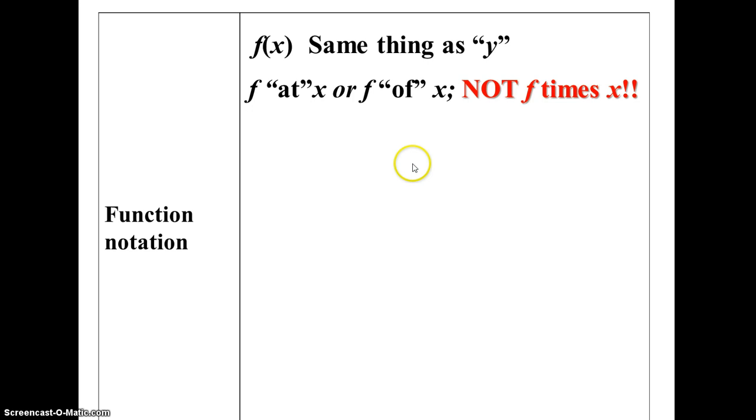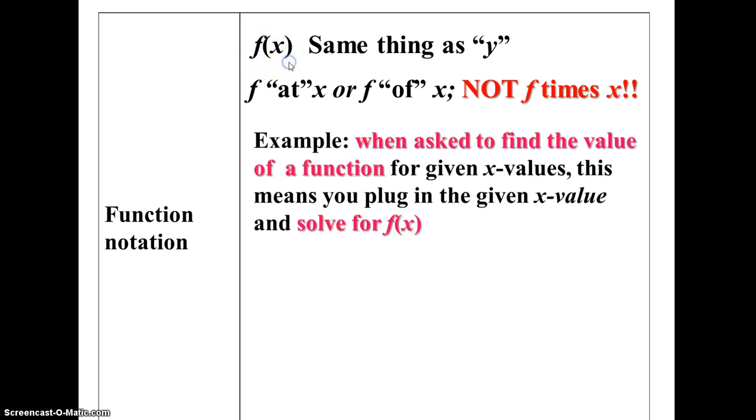But if there is a variable, it should have that variable, whatever is listed right there in the parentheses. And so it means the value of our function when x is our input. So here's an example. If you're asked to find the value of a function for some given x value, or maybe more than one, this means you plug in the given x value and you solve for f of x.